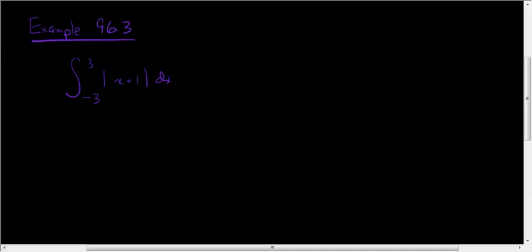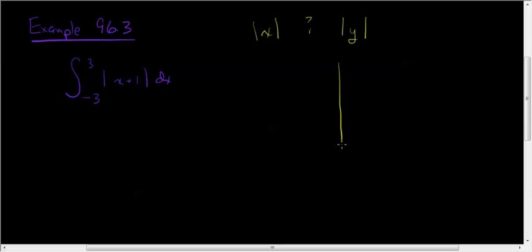Okay, let's look at example 96.3. Example 96.3 asks us to find the integral from negative 3 to 3 of the absolute value of x plus 1. Now wait, is this an absolute value of x, or is this an absolute value of y? All right, you're correct. It's the absolute value of y. So what does that mean?